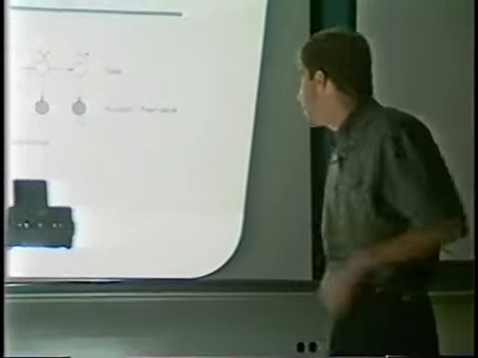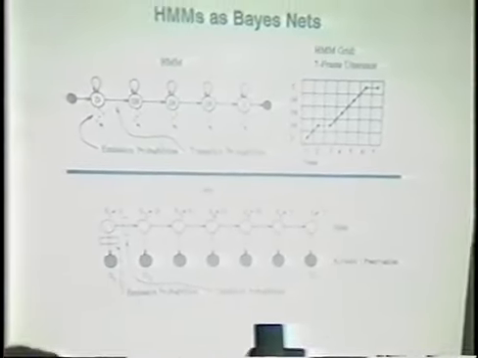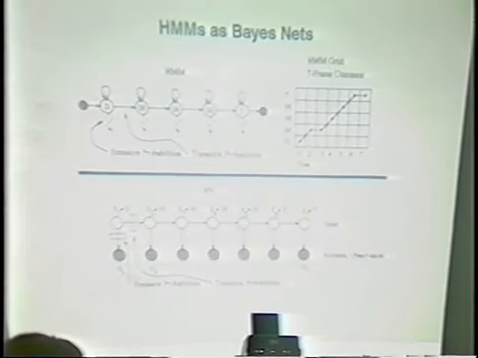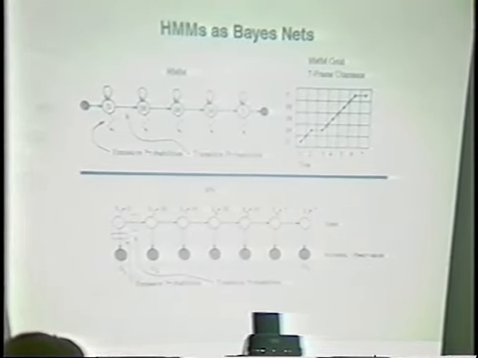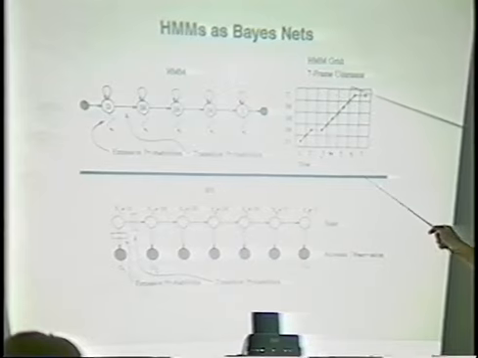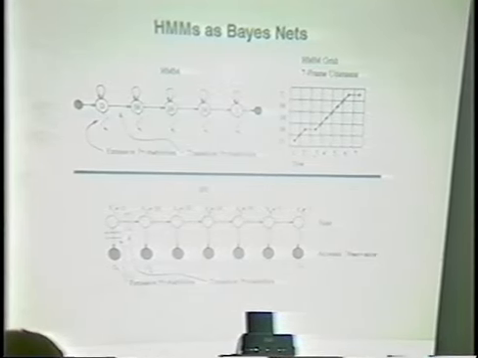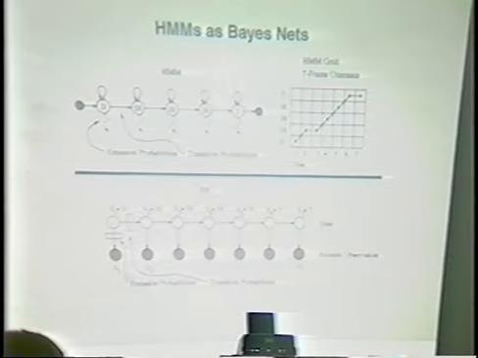So I'd like to continue here by showing how you can express hidden Markov models as Bayesian networks, and then how you can extend that kind of formulation to look at phenomena that are interesting from the point of view of speech recognition. So up on the top there, you have a very simple HMM model. It's a 5-state model of the word digit.